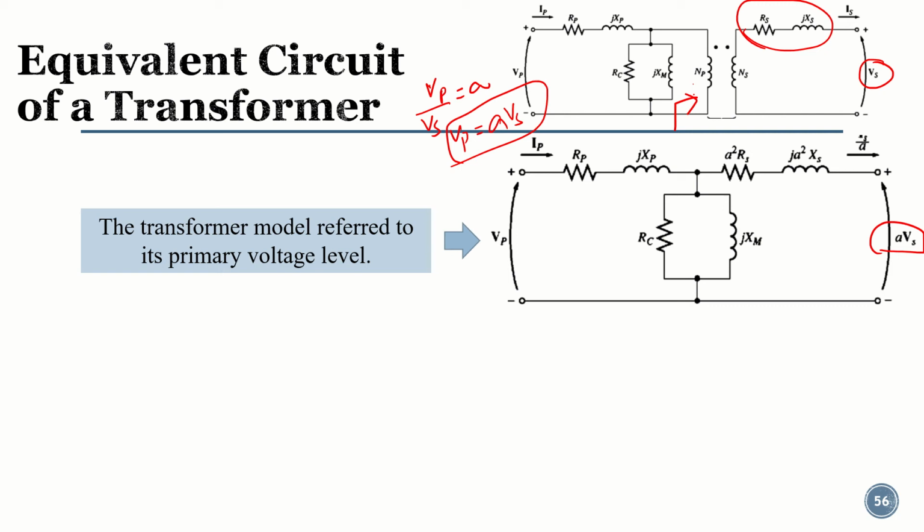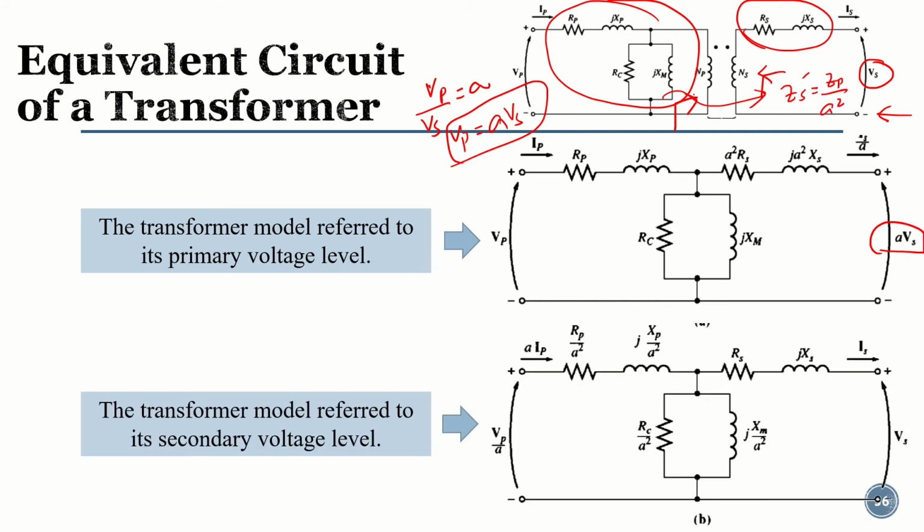And similarly, if we go vice versa, like we are trying to model the transformer referred to the secondary side, secondary side referring means we are moving this complete primary side impedance towards the secondary side. So the impedance looking from this end will be the primary side impedance divided by A square. So this whole impedance will be divided by A square.